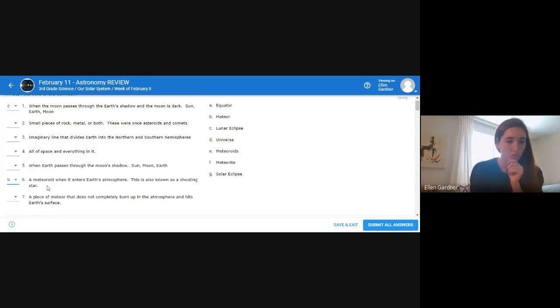And then a piece of one, just a piece of it, is a meteorite. And that leaves meteoroid right here. Okay, so those might need to be ones that you would study a little bit extra. I know that can be a little bit tricky.